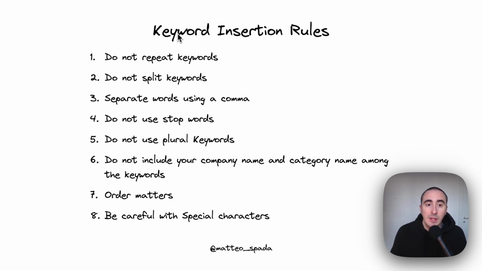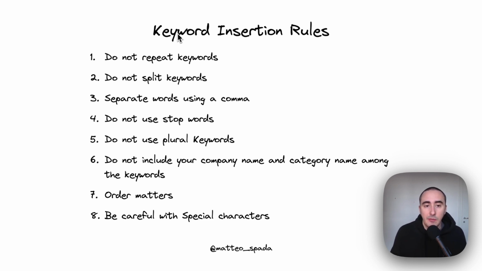So the first rule is don't repeat keywords. It's really important. You don't need to repeat the same keyword in different fields. For example, if I insert a keyword in the title, I don't need to repeat the same keyword in the subtitle. This is also important if you are inserting a long tail keyword.